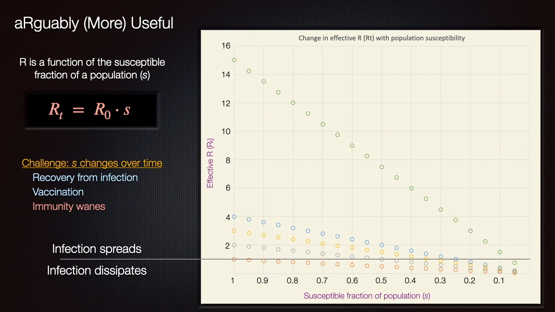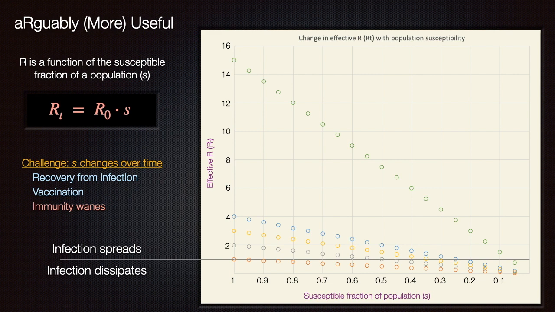In reality, it's much more nuanced. Individuals can move into and out of the S box. For example, if an individual is infected and subsequently becomes immune to a pathogen, that immunity may last for a certain period of time, at which point that individual may become susceptible again.